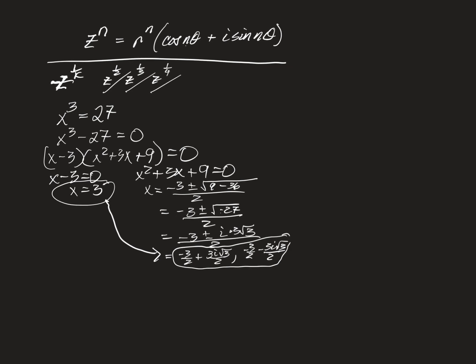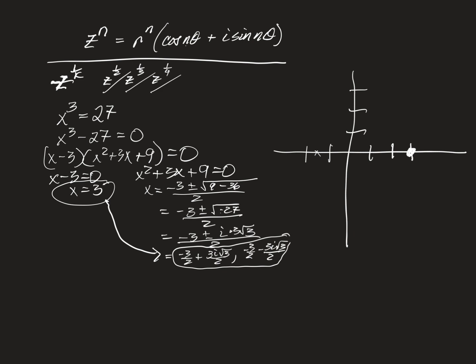What if you graph these solutions? Let's graph them. If we do x equals 3, it will be right here. And then if we do -3 halves plus 3 square root of 3i, -3 halves will be right there. And then 3 square root of 3i, let's get what that's approximately equal to.